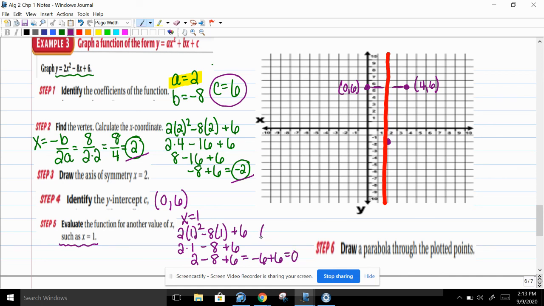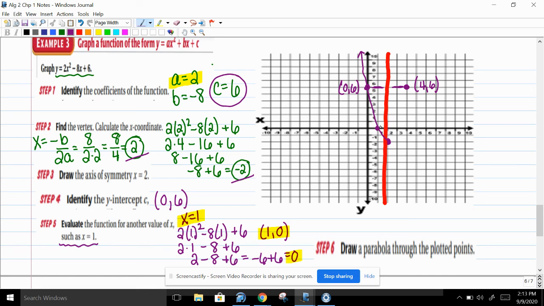So that means the point (1, 0) is on your graph. Your x-coordinate is 1, you plugged it in, and your y value is 0. So 1, comma 0, 1 to the right and stop. So the left-hand side of my parabola looks something like that.